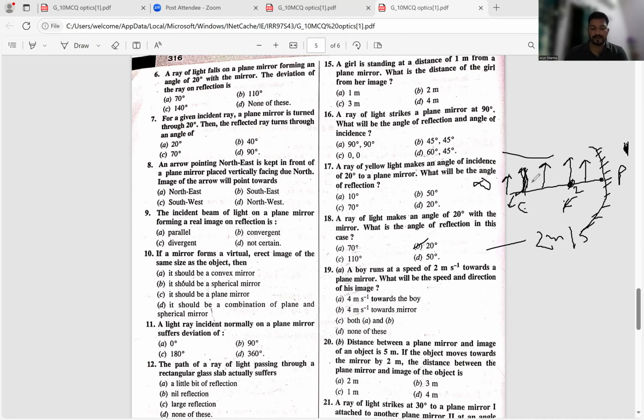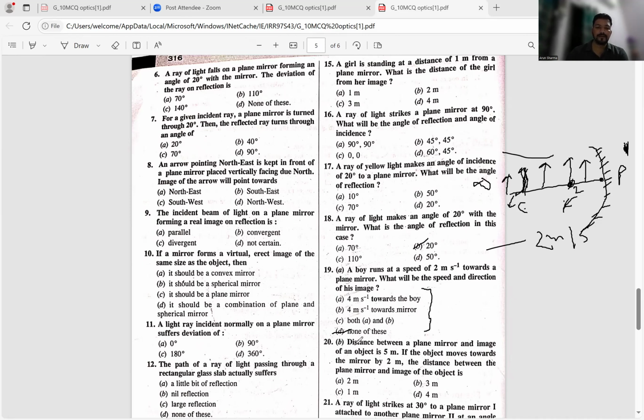You can see here. Therefore, the image moves in the direction towards the mirror, at the speed of 2 meter per second. But there is no option, so it means option D.